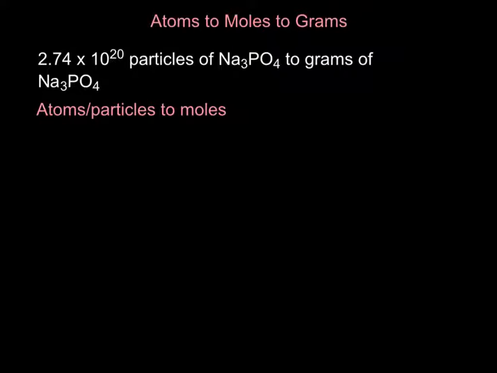Okay, first things first, I have to find my conversion factor, and we're going to abbreviate this as find CF. Now, when we're going from atoms to moles, or moles to atoms, or particles, what's always going to be the conversion factor?